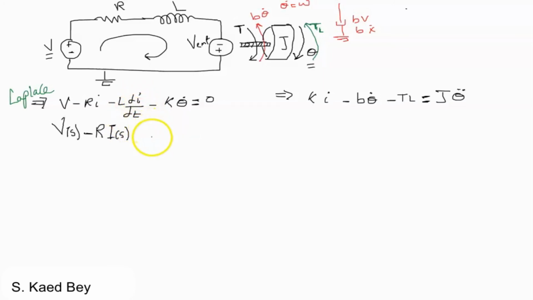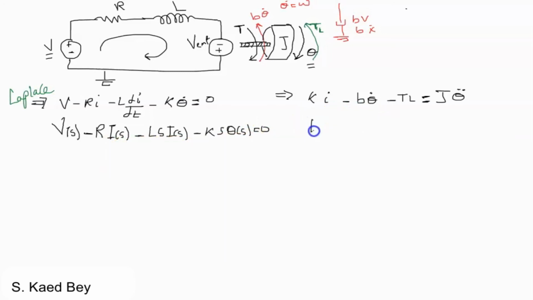And the derivative becomes minus L s I(s), minus, also the theta dot is like d omega over dt. That means it's K times s theta(s) equal to 0. So this is one equation.